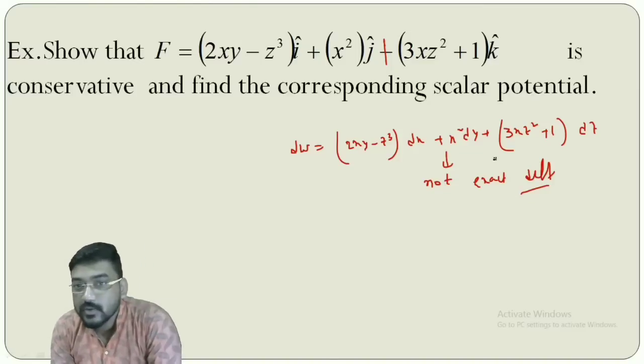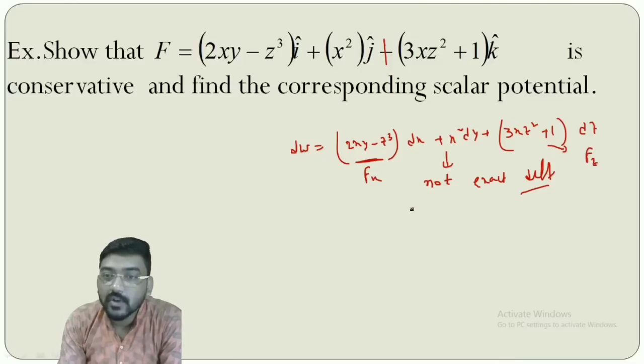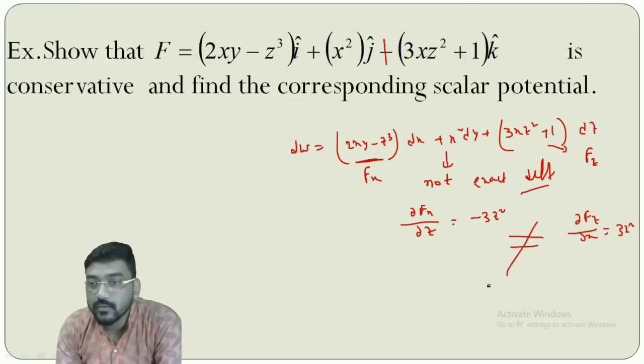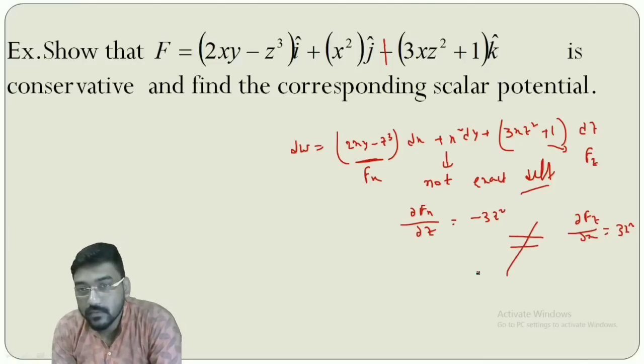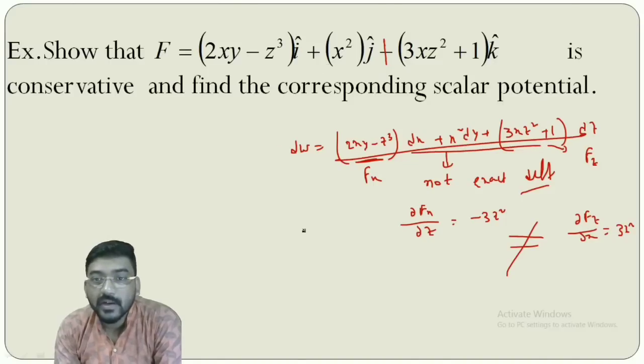Why? Because if you take fx and fz, you have del fx del z equal to minus 3z square, but del fz del x gives 3z square. So this relation will not hold good, and obviously curl of f will not be equal to 0 here.